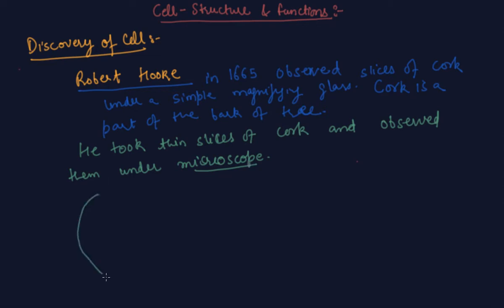So what he noticed in the microscope was different cells combined together, and each box separated from another by a partition. He coined the term cell for each box. So from there the cell arose.